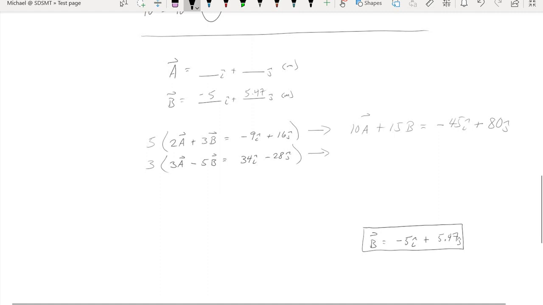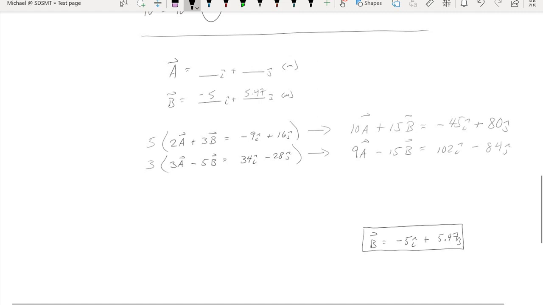And then for the bottom equation, we're going to carry through the 3, which gives us 9a. We have a minus 15b equals, and 34 times 3 is going to make for 102 i hat. 28 times 3 is going to make for 84, and that is a negative.